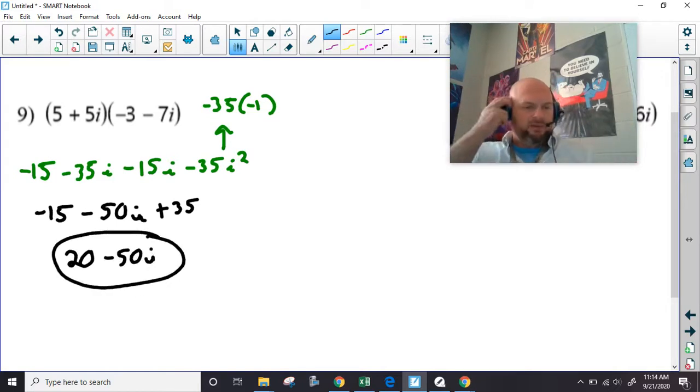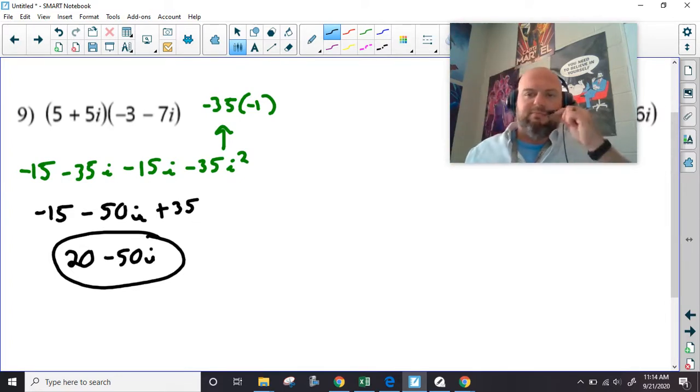Believe it or not, the actual math part of this does not take all that long. It's the setting up. But if you take your time to set it up correctly and you get the right answer, by all means do it. Okay. I know I make this look easy, and it's kind of my job. I'm a math teacher.